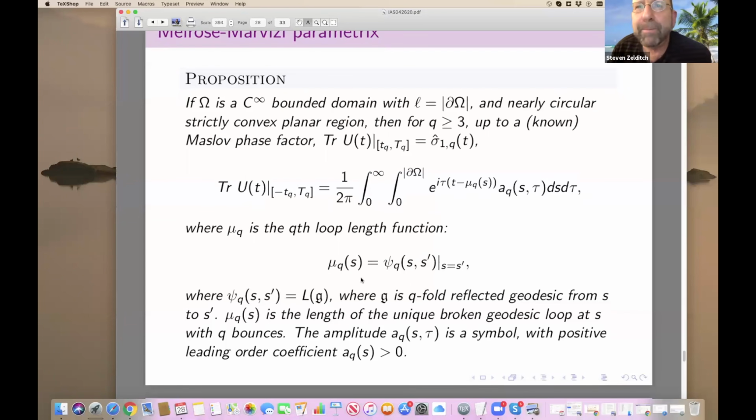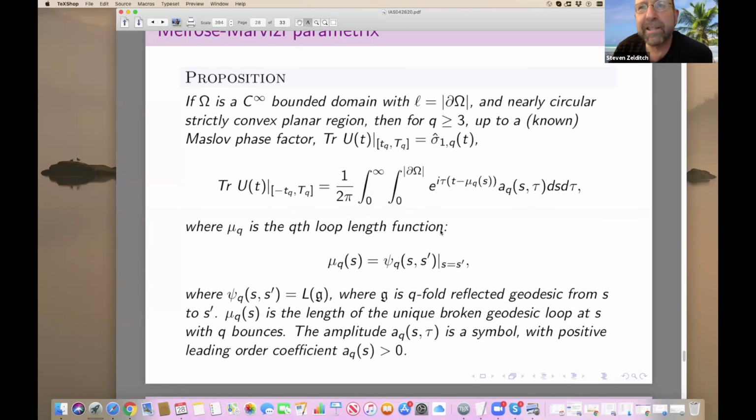There's a geometric meaning of this. The exponent here is crucial. This is called the loop length function. At a point S, you have a unique trajectory which obeys the equal angle law everywhere except at the point S. That's why we call this a loop at S, not a closed orbit at S. So everywhere except at S, this q-bounce orbit has equal angles. This is an extremely important function called the loop length function.